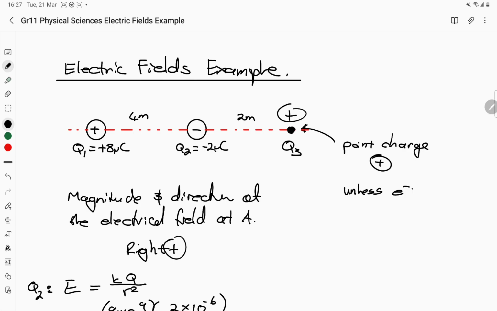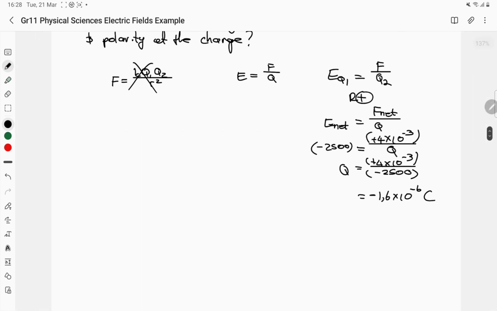So if this was positive, the force would be to the left, but the force is to the right. You've got to double check your answer. There has to be a repulsion, so that must be a negative value. You can check it like that. It's not always the case that the closest charge has the greatest effect, but you can look at it that way. All right, so there we go.